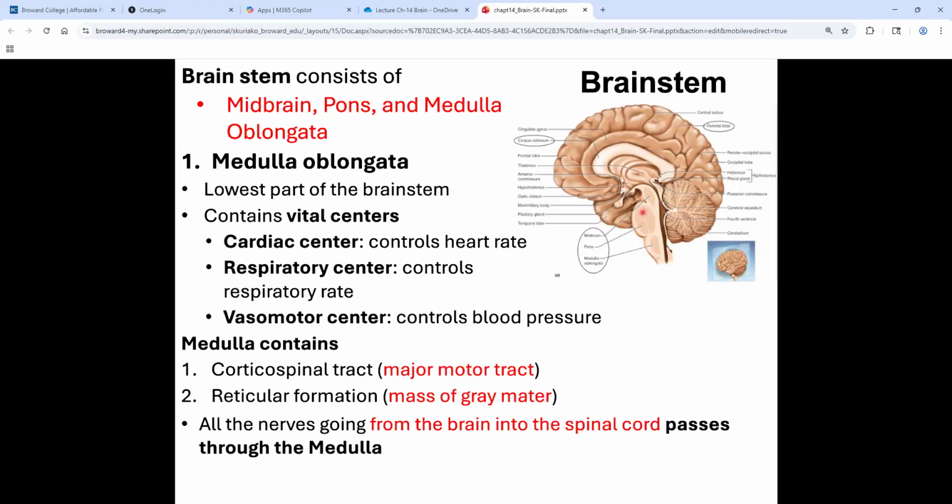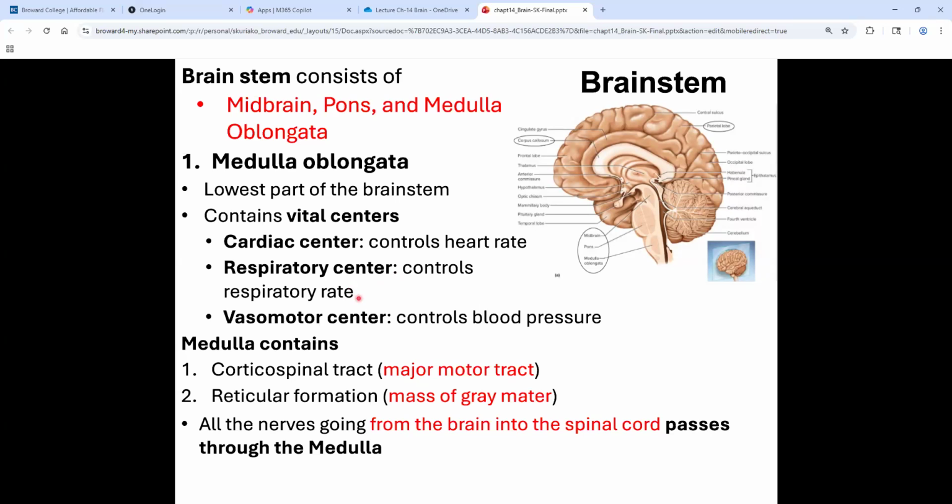It contains vital centers. Okay, so it contains a cardiac center, which controls the heart rate, a respiratory center, which controls the respiratory rate. Vasomotor center controls the blood pressure.